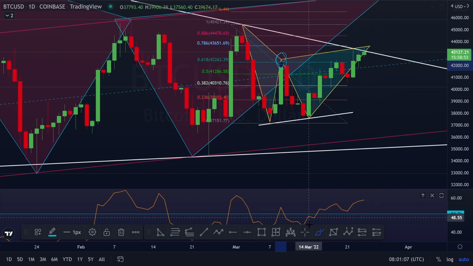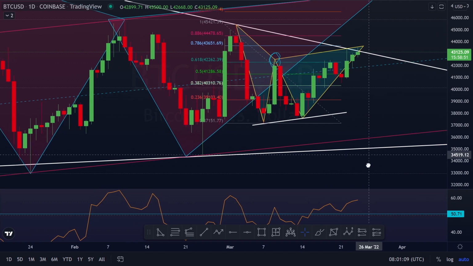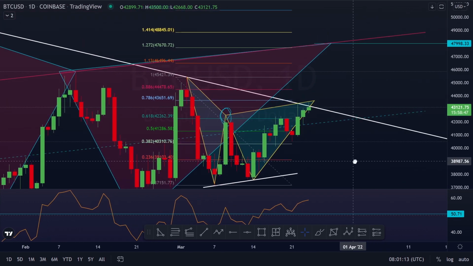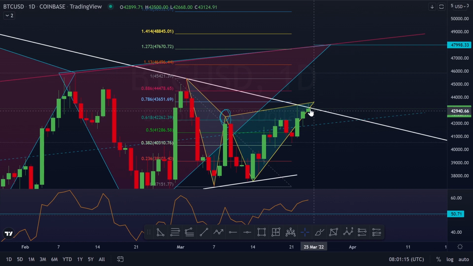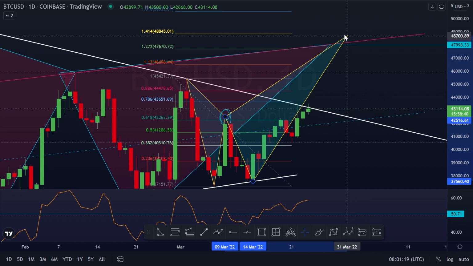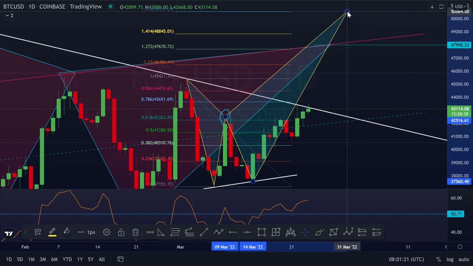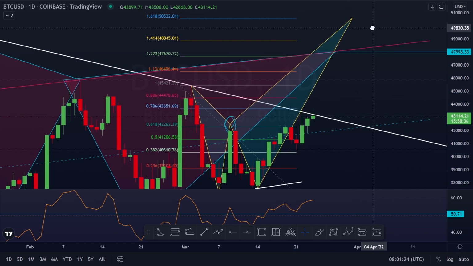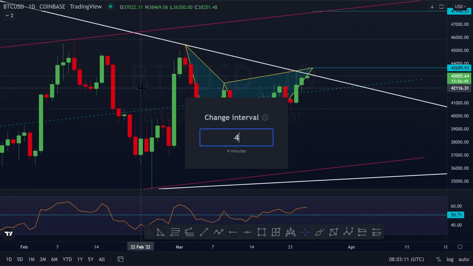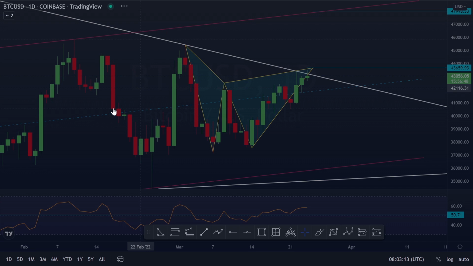Now this pattern can also be a deep crab, a crab, just like I said on the weekly time frame. So if we get past this point, you can see Bitcoin getting a pump towards the 50,500.